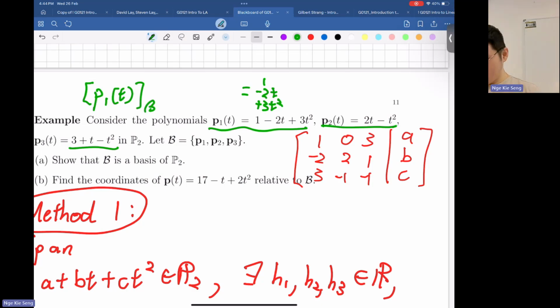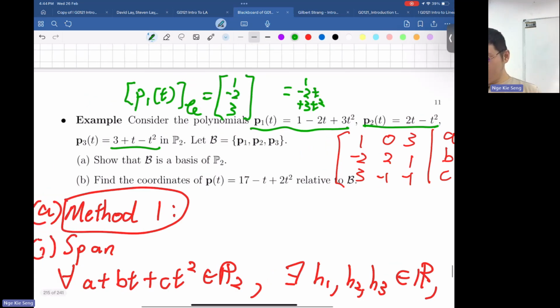Bracket of some beta. They use beta here, so let's not use beta, use C here. You will get this vertical thing. But now the vertical thing that you want to get is 1, -2, and 3, right? So what's the C you need to pick here such that you get this vertical thing?